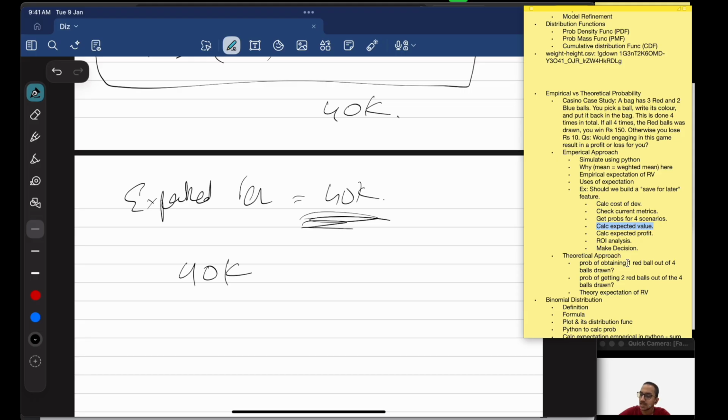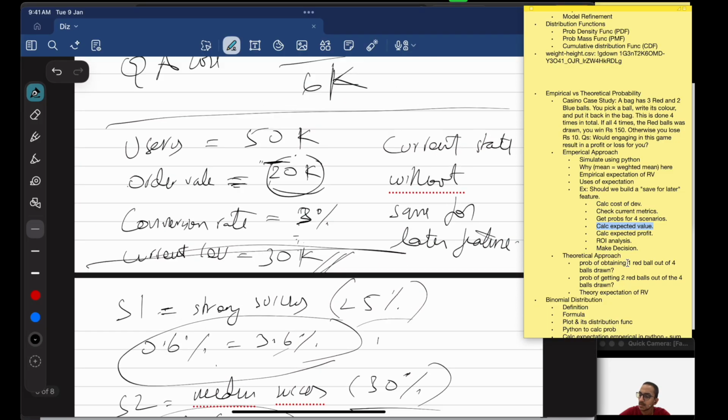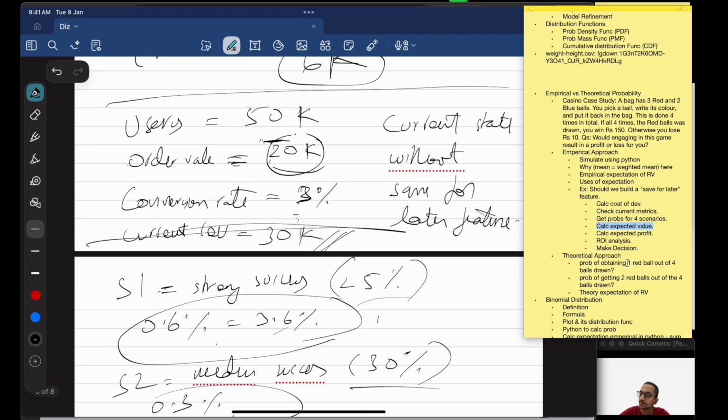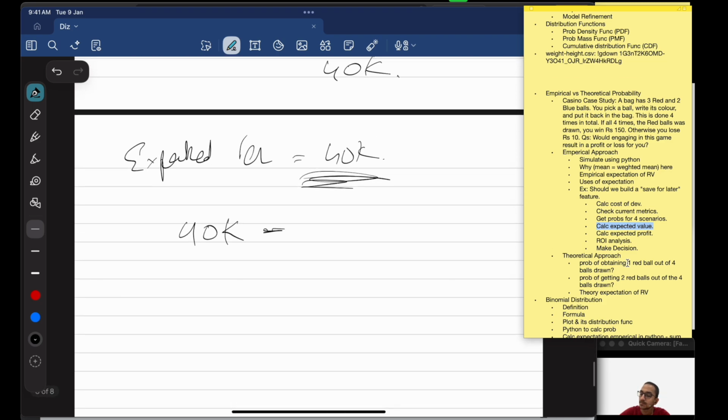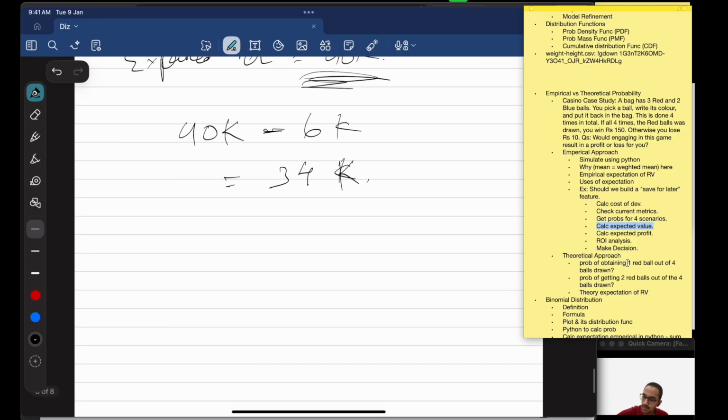So 40K minus our building cost, 6K. So the expected profit is around 34K, right? Clearly this is a good investment.